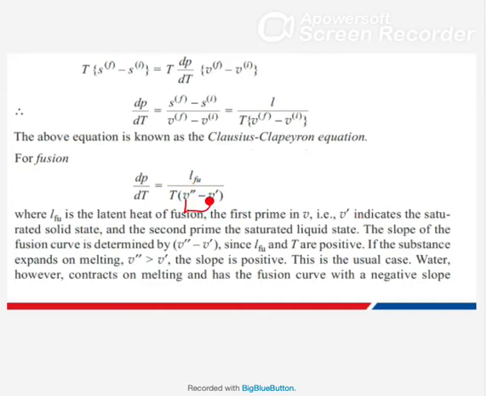If this becomes positive, then dP/dT will be positive, so the slope for other substances will be positive.